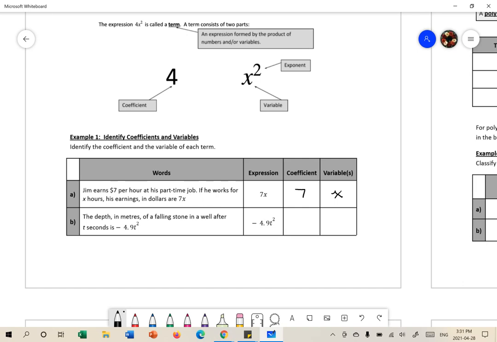B. The depth in meters of a falling stone in a well after 2 seconds is negative 4.9 t squared. The expression form of this is negative 4.9 t squared, and the coefficient is negative 4.9, and the variable is t.